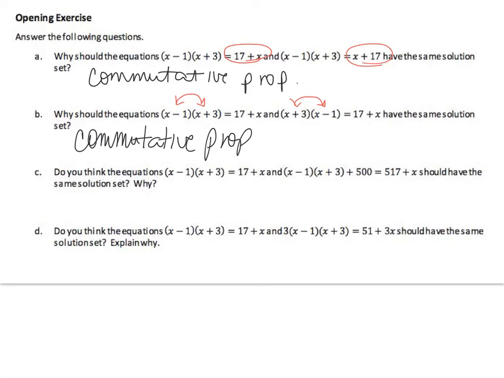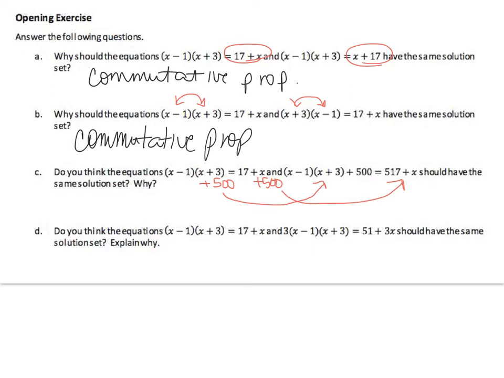Yeah, the only thing that we did different is we added 500 to the left side of the equal sign, and we added 500 to the right side of the equal sign, which gave the right side to be 517 plus x. So yeah, if we do something to both sides of the equal sign, then our equation hasn't actually changed, and we would get the same solution set.